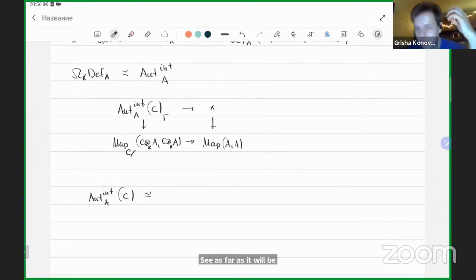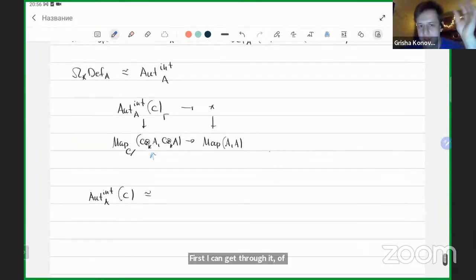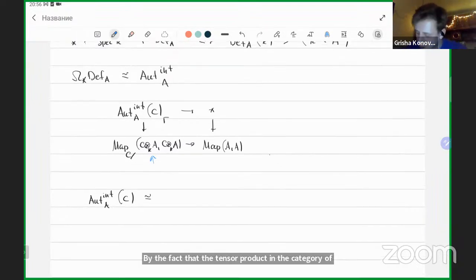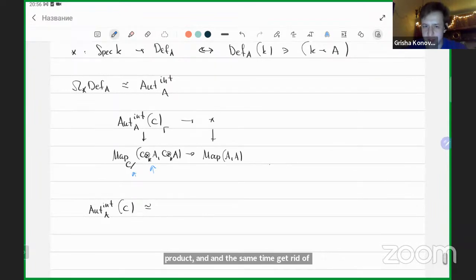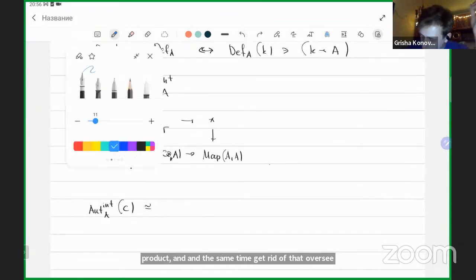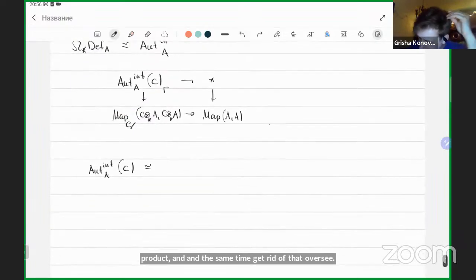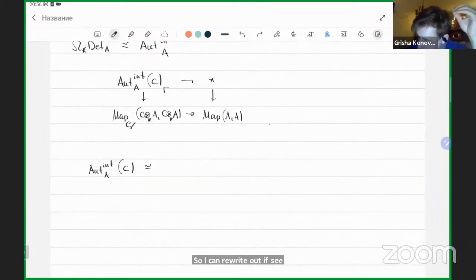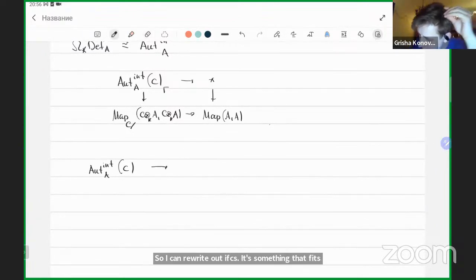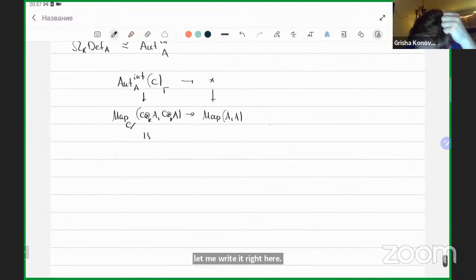First, I can get rid of the tensor product, by the fact that the tensor product in the category of algebras is a pushout, and at the same time get rid of the map over C. So I can rewrite Aut inf of C as something that fits into, maybe let me write it right here, a map from A to C times A.